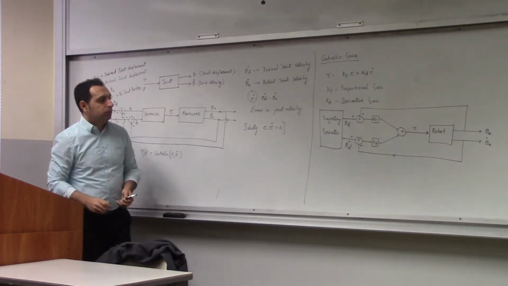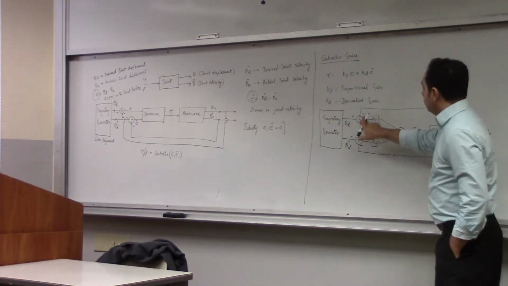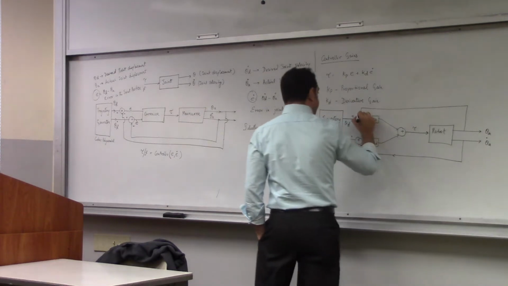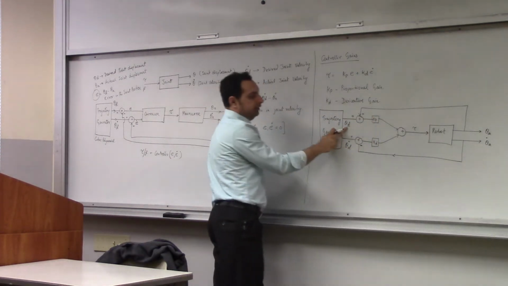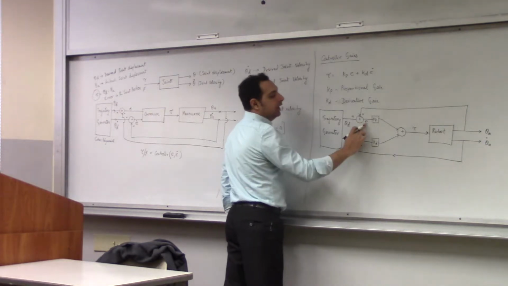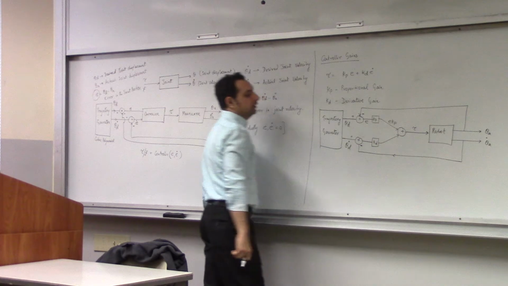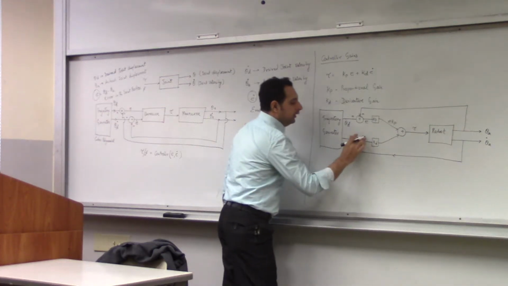So what you're doing is you take theta A, and here you subtract it from theta D. This is your desired. So here you get your error E. E times Kp, this will give you error times Kp here. And this will be E dot.